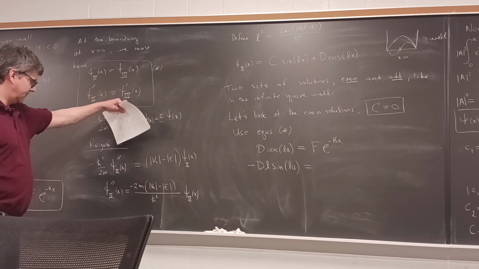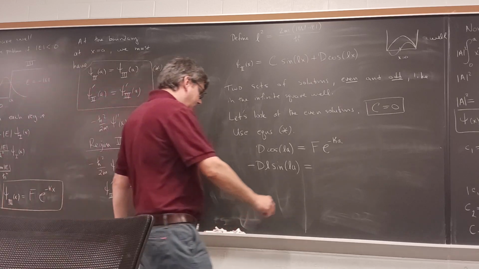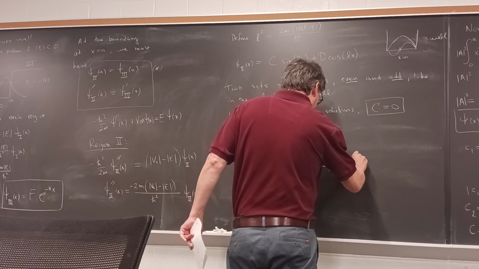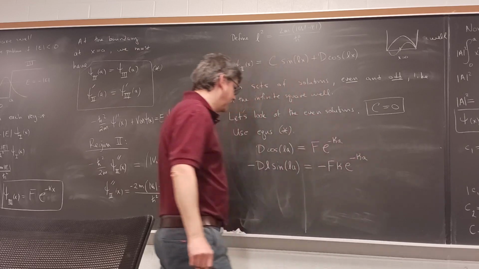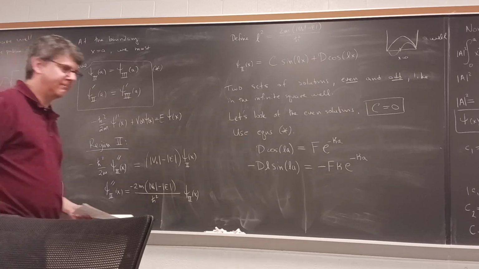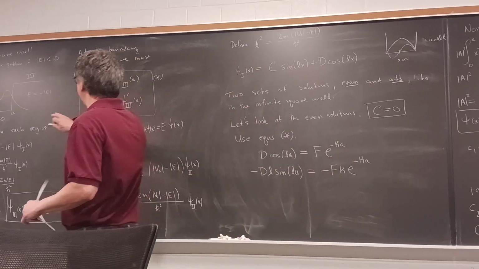And then the derivative of this will be minus F kappa e to the minus kappa a. Okay, all right, so these are the two equations at the boundary.